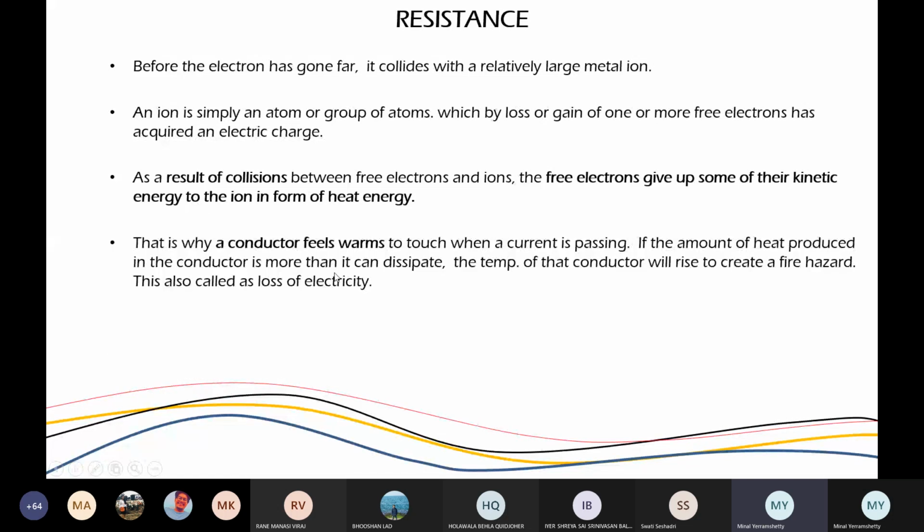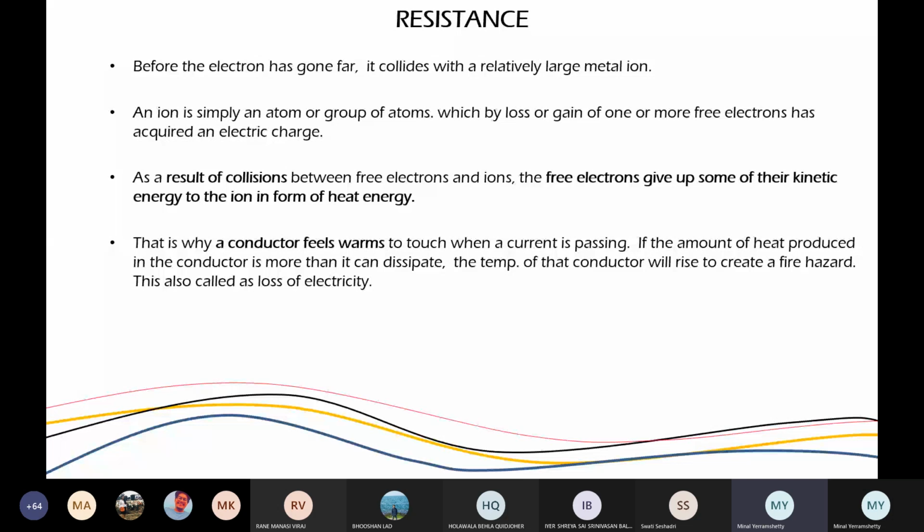Now this can become hot when the current is passing too often and without any giving away of electricity. If the amount of heat produced in the conductor is more than it can dissipate, meaning it is not able to dissipate and the heat is being stored inside, then there is a problem. Then there is a massive problem, guys.